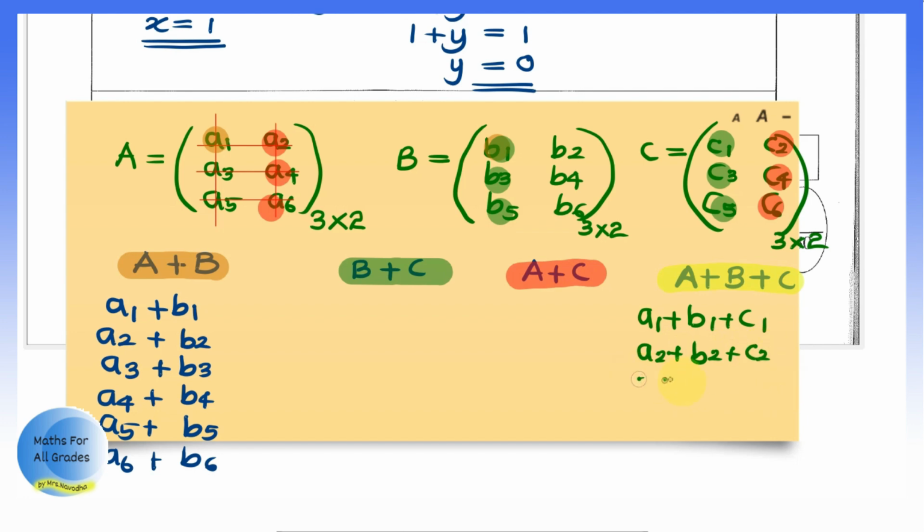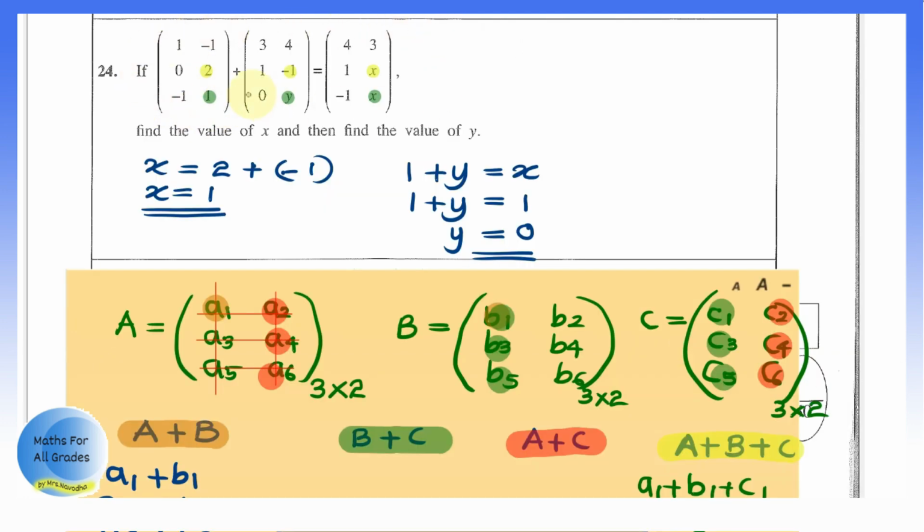Okay, like that. Now look at this question again. All 3 matrices are equal in size and they are 3 by 2 matrices. Therefore, we can do the addition. Now look at corresponding elements. 1 and 3 are corresponding elements. So 1 plus 3 equals 4. Here minus 1 plus 4 equals 3.